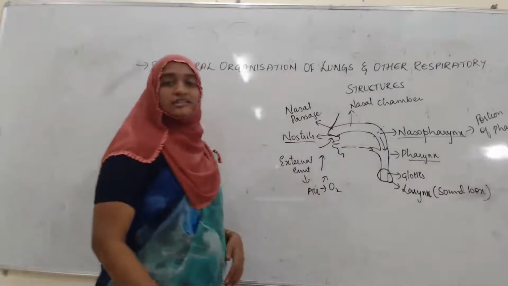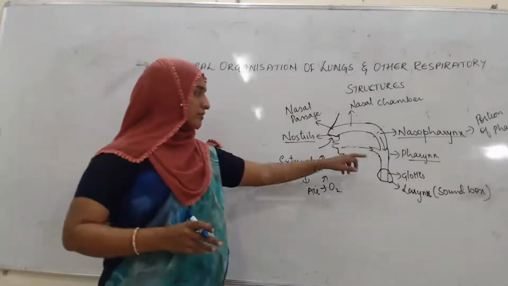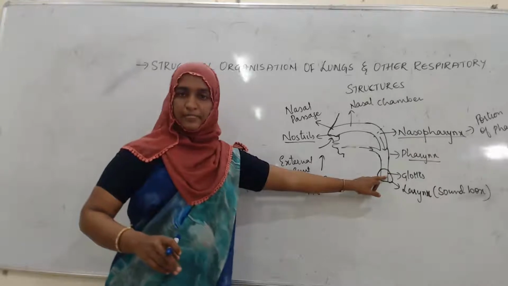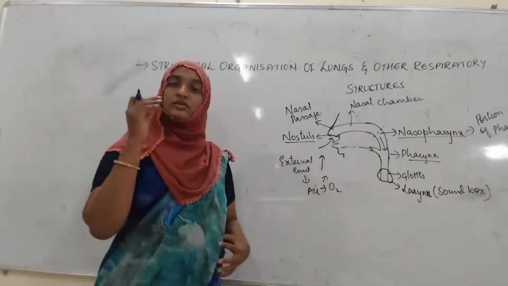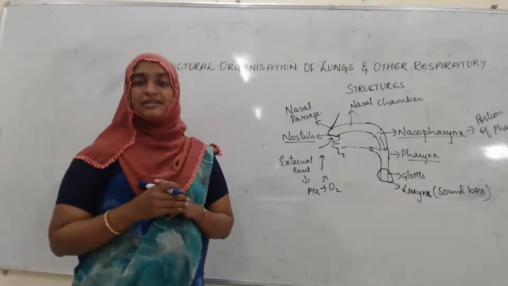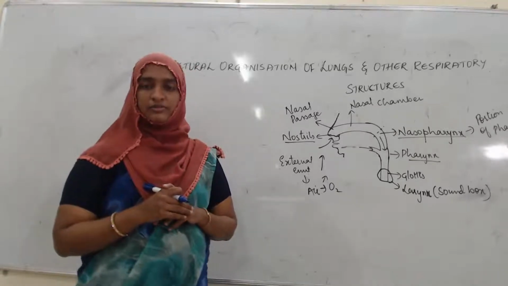Here the pharynx opens into the glottis, and the glottis is located in the larynx. Larynx means the sound box.